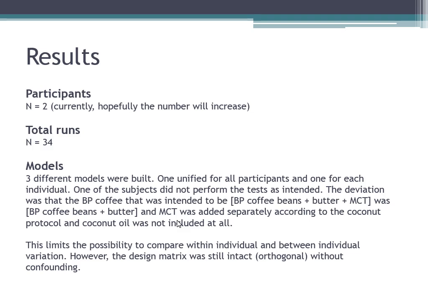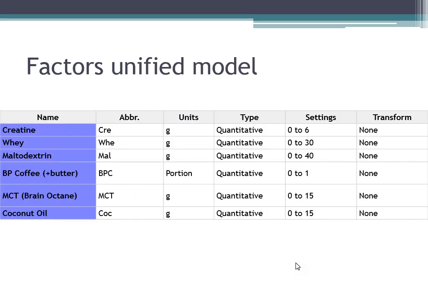The design matrix was still orthogonal, as a mathematician will say. And these are important things because then you can claim what you see is a causative effect. You do not confound your factors or your interactions. Once again, you can read up on it if you want to know the details about designed experiments.